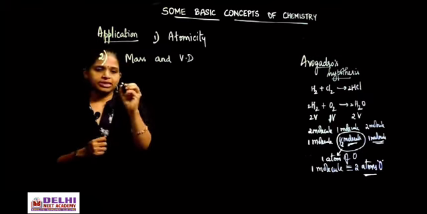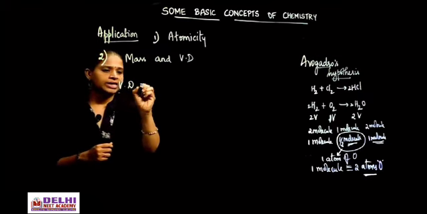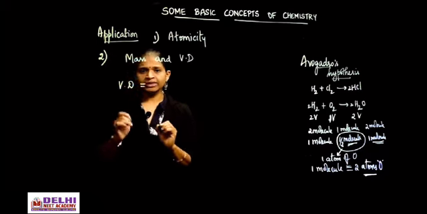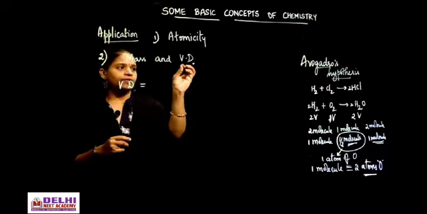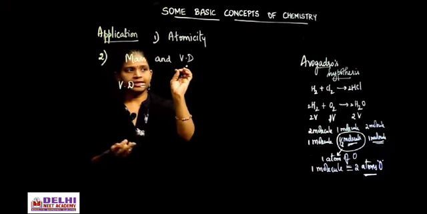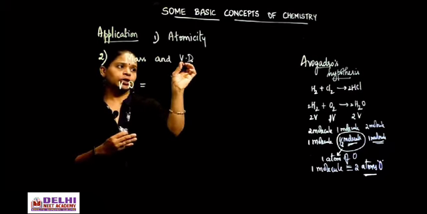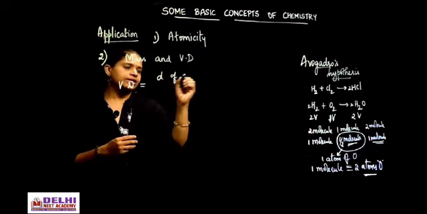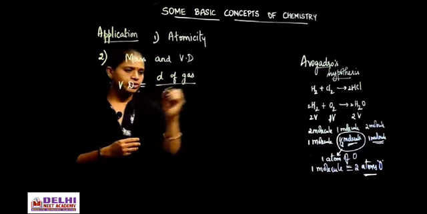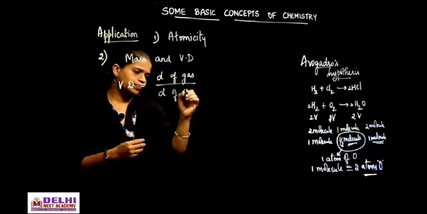For this vapor density, I consider the standard or reference gas to be hydrogen. For gases we consider hydrogen as the standard molecule. So vapor density will be the density of a gas to the density of hydrogen.